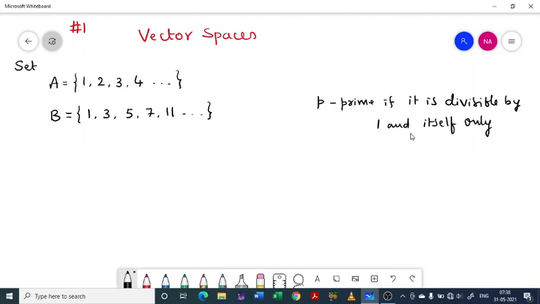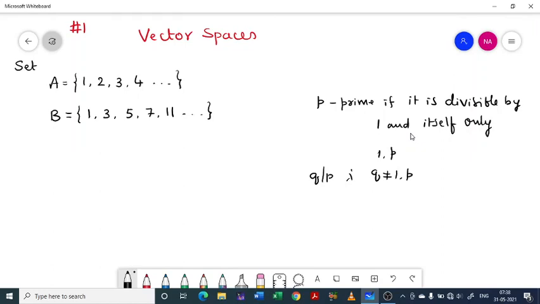Except these two numbers, 1 and P, there are no other divisors. If it has any other divisor, that is, if Q divides P such that Q is not equal to 1 or P, then such a number is called a composite number.